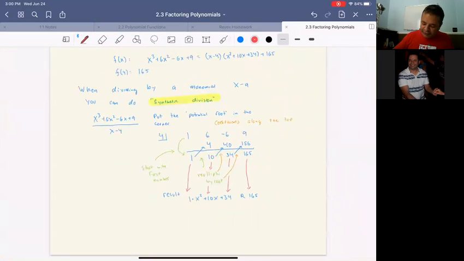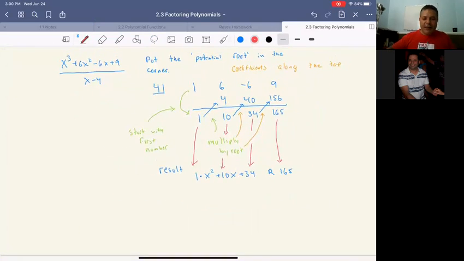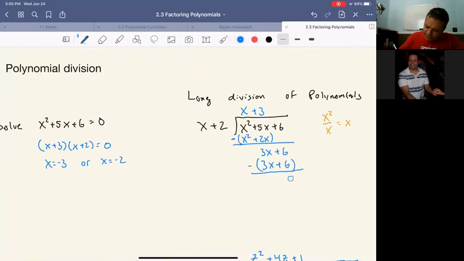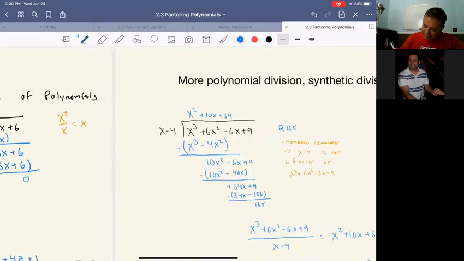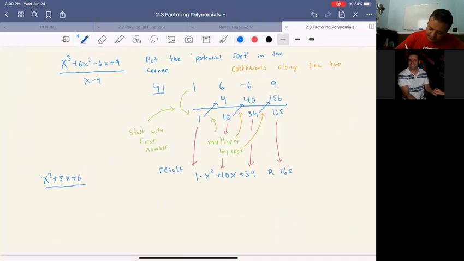So let's do our x squared plus 5x plus 6, and we're going to divide it by, I think we divided it before by x plus 2. So our potential root is -2.